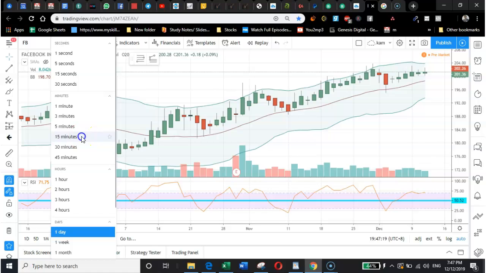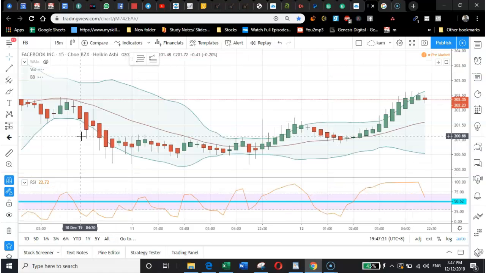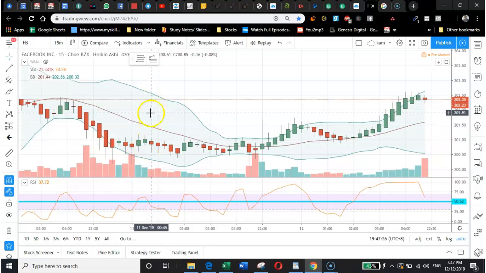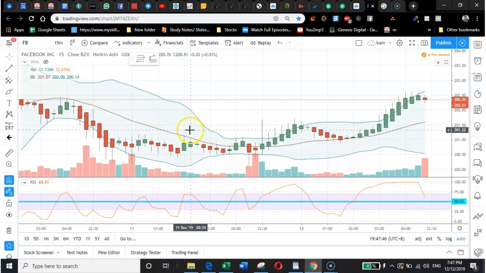So if you look at this on a 15-minute chart, for those who look at day trading, then you can very clearly see that after this session here finishes and the price is more in the center of the Bollinger Band, it's quite wide here, I have an expectation of the price to go up. Although in this case it did not really go up a lot, it just went up by $1 here, right? That's about it.